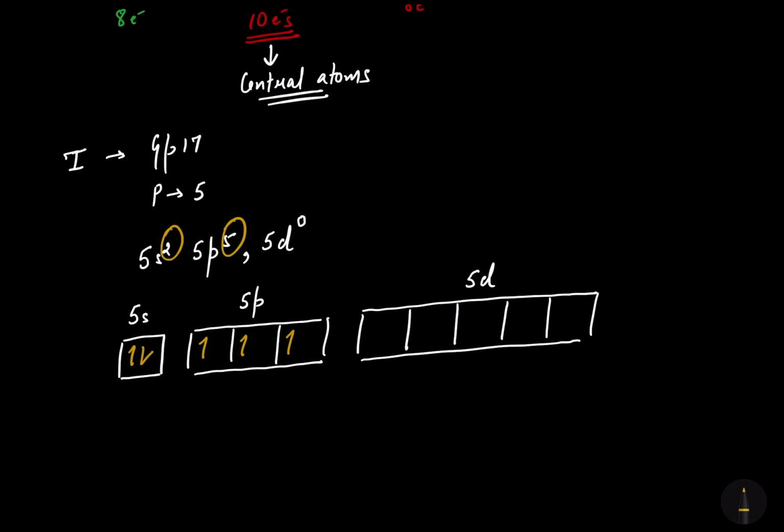Now the degenerate orbitals of 5p have got 1 electron each, so now the pairing will start from the fourth electron. So that's the fourth electron and that's the fifth electron. So we got the electronic configuration for iodine, and that's our ground state.